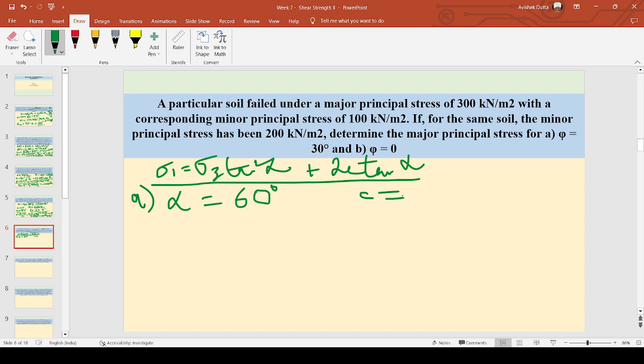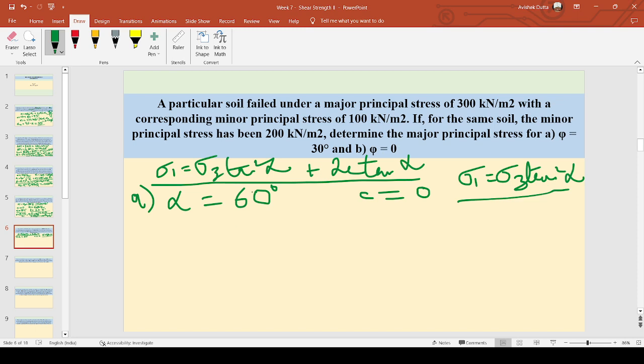In the first case, c gives the value of 0. So sigma 1 equals again sigma 3 tan square alpha. Now using this equation, in the second part it has been said that the minor principal stress is 200. Find the major principal stress.